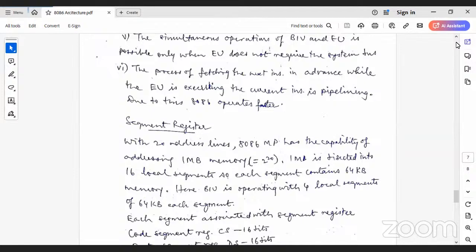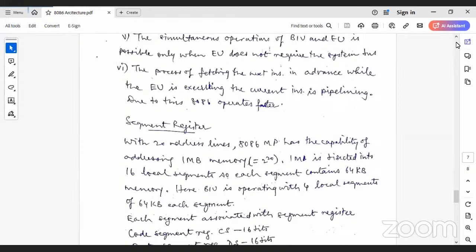Now if you have to use individual registers, you can use them as AH, AL, BH, BL in that way also. So these general purpose registers are used for accessing the data very fast.